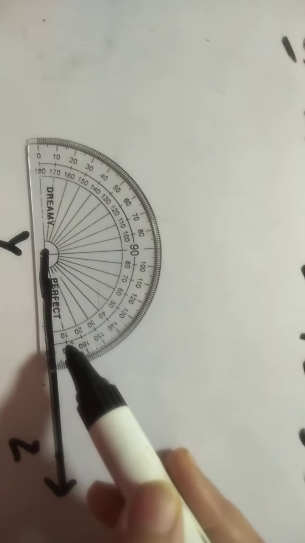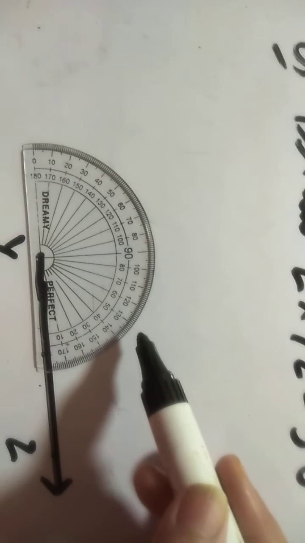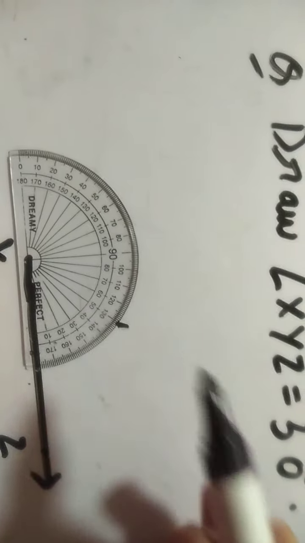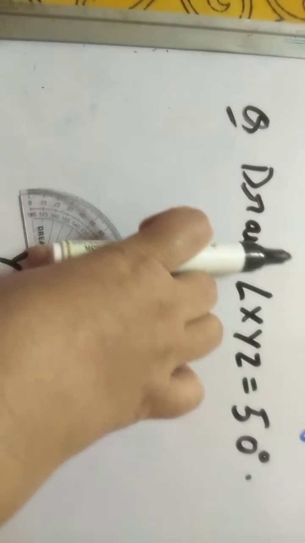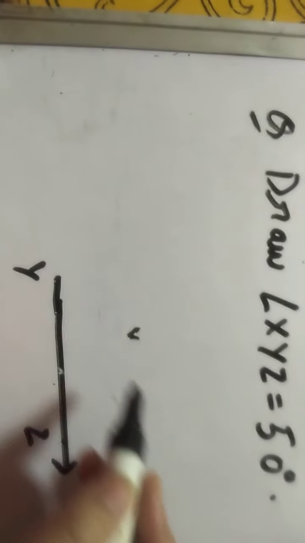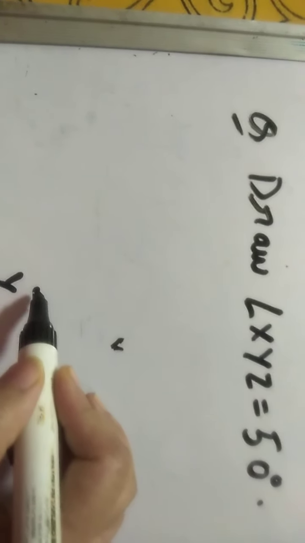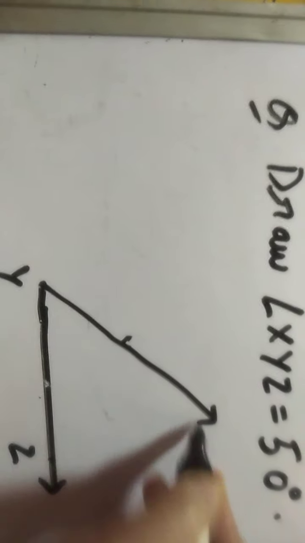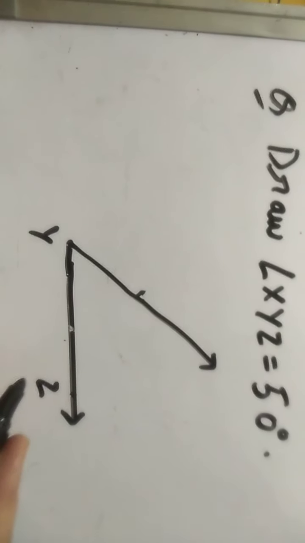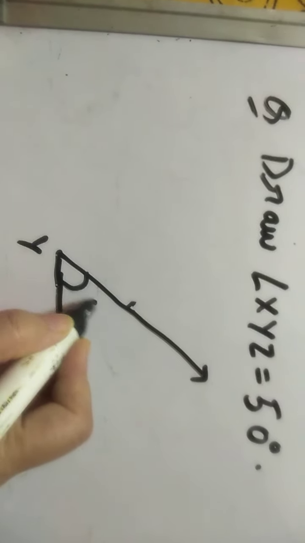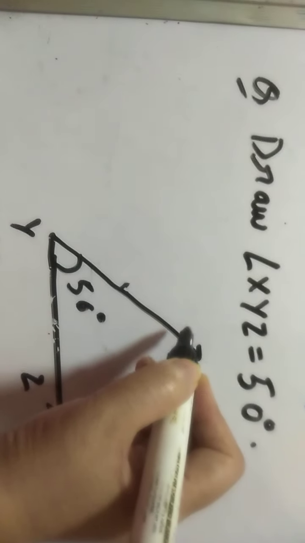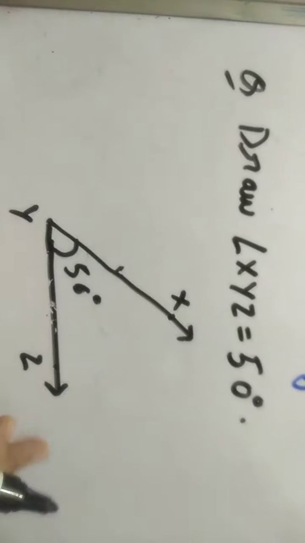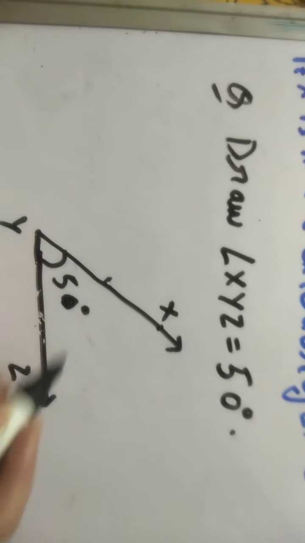Now just see here, where is 50: 10, 20, 30, 40, 50. 50 is here, so you have to put a dot here. Then you join this to the vertex, using a scale. So this is 50 degrees, and name this point X. So our angle XYZ is 50 degrees.